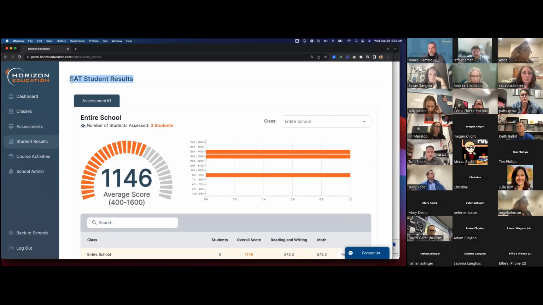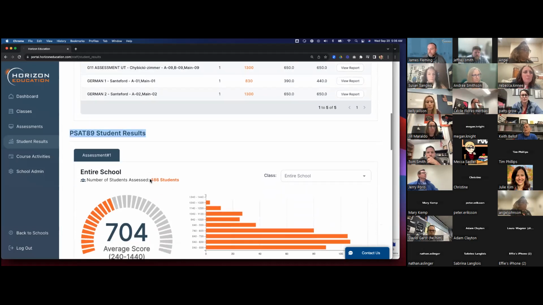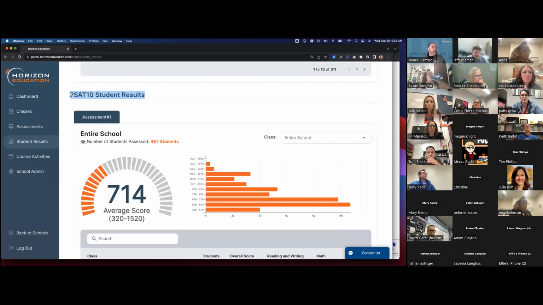Even if you don't teach juniors, you're still able to see on a high level how the juniors did on their mock SAT. So you're going to have that followed by the PSAT 8-9 and followed by the PSAT 10. I'll probably use the 10 as our example group because they're right in the middle today.